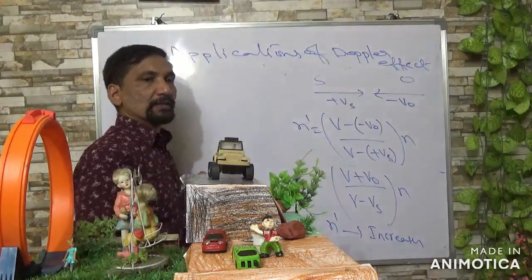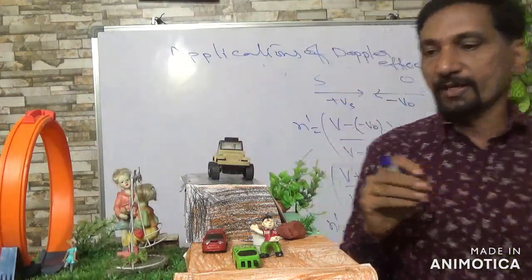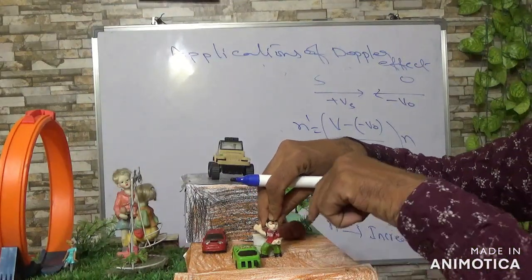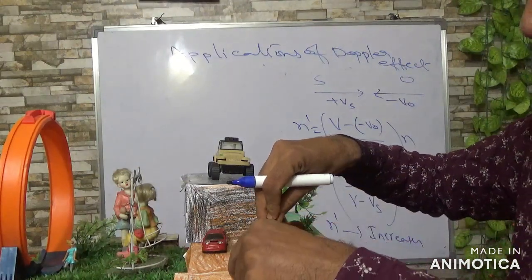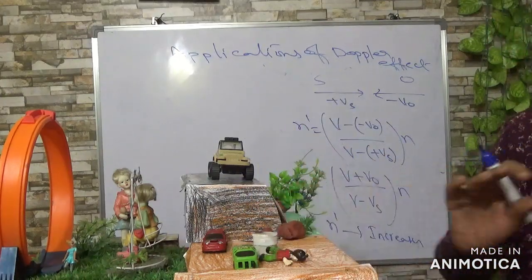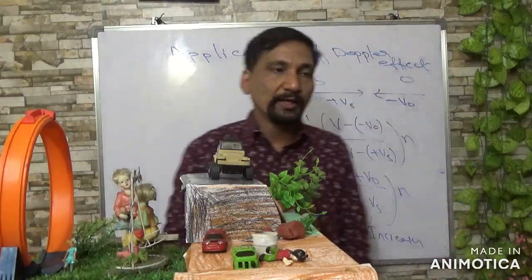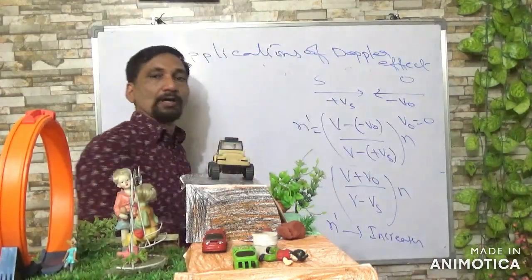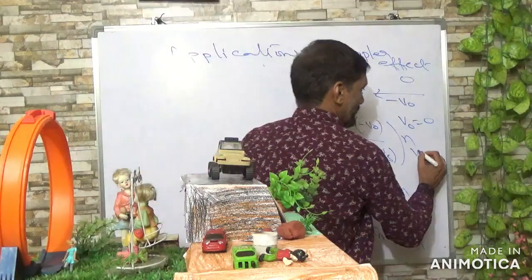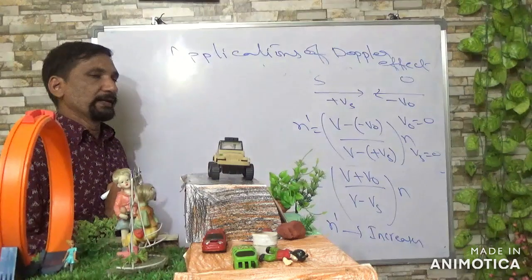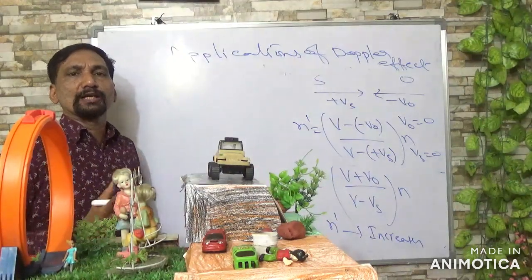And remember, if the observer is at rest, say a traffic police standing, then take V naught as 0. Or if the source is at rest, take Vs as 0. V is the velocity of sound in air. Like this you can solve any problem.